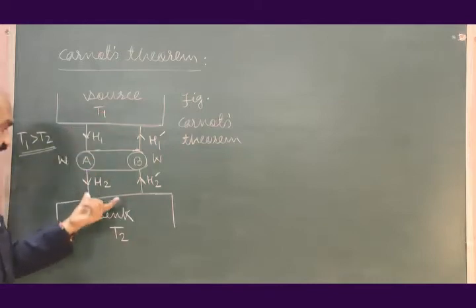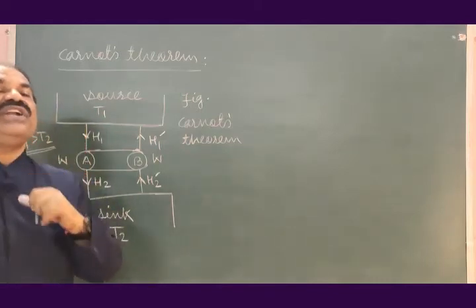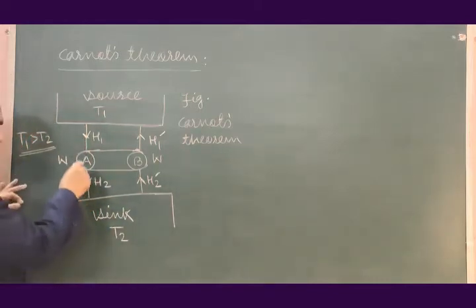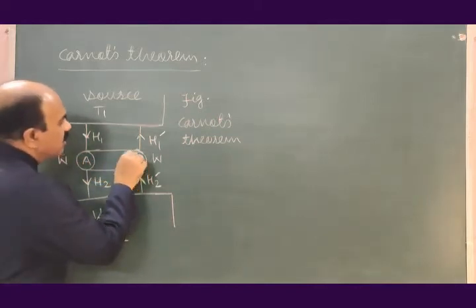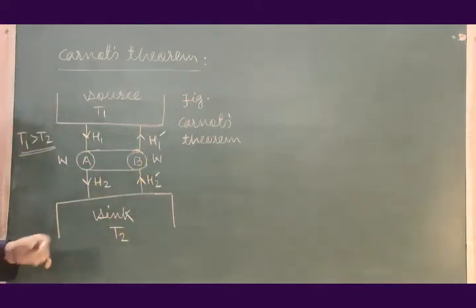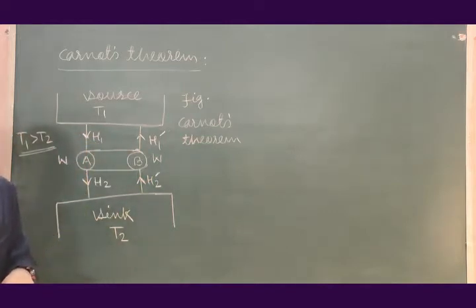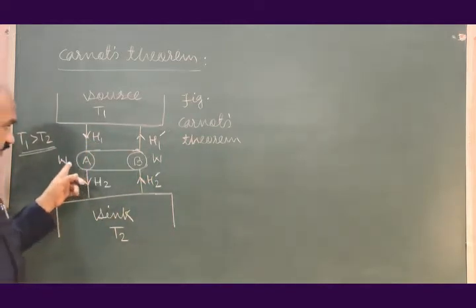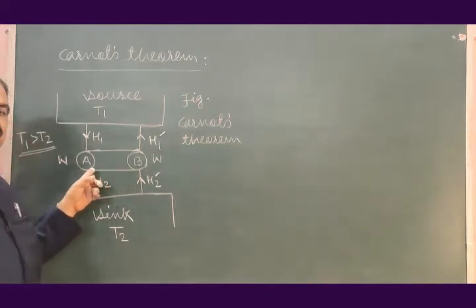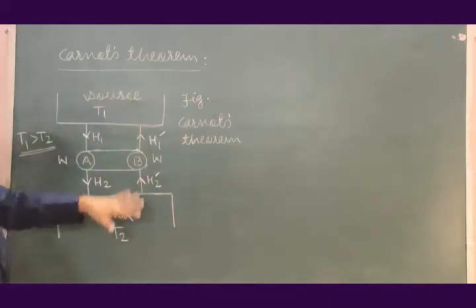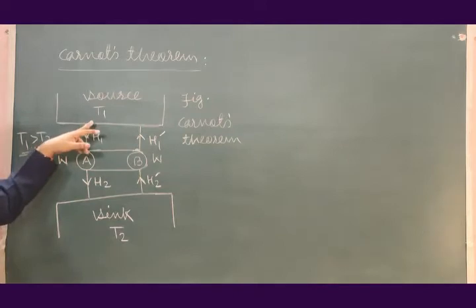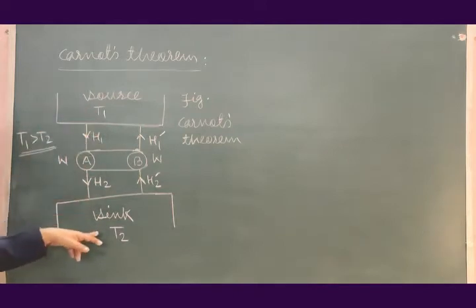Between this source and this sink, we have two heat engines, heat engine A and heat engine B, and these two heat engines are coupled with each other. We have two heat engines A and B working between these two temperature limits T1 and T2.